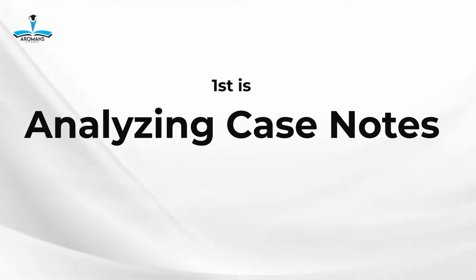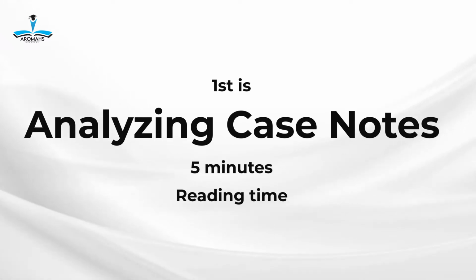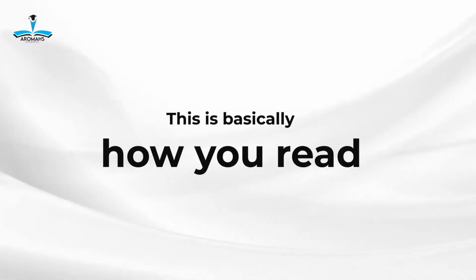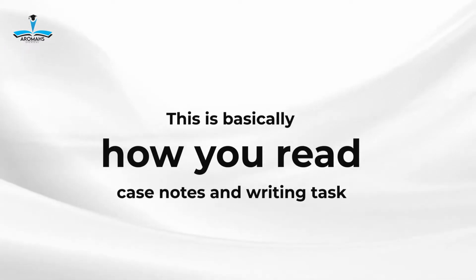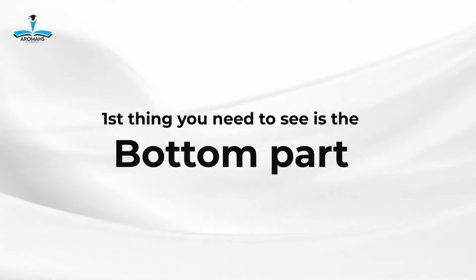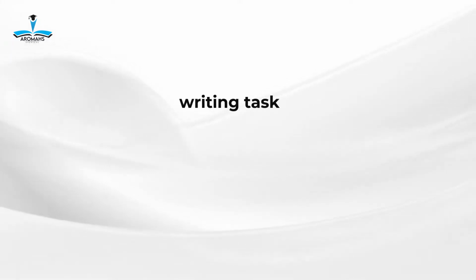First is analyzing case notes. This stage is basically applicable in the first 5 minutes, which is known as the reading time. You will only be able to make mental notes during this time. This is basically how you read your case notes and writing task. The first thing you need to see is the bottom part of your case notes, the writing task.